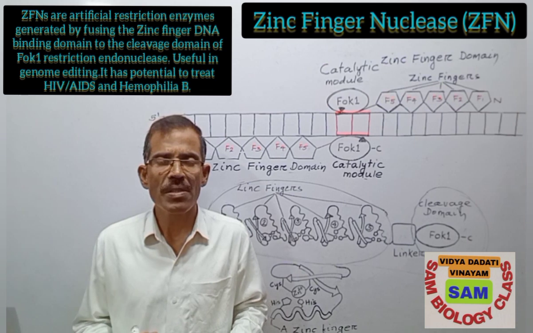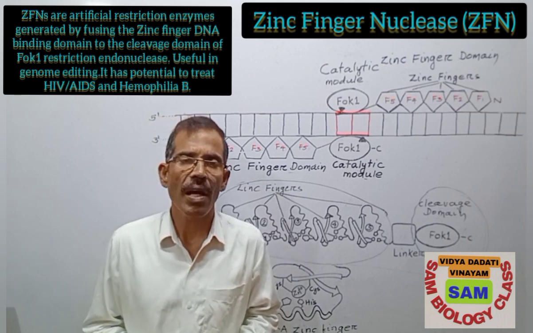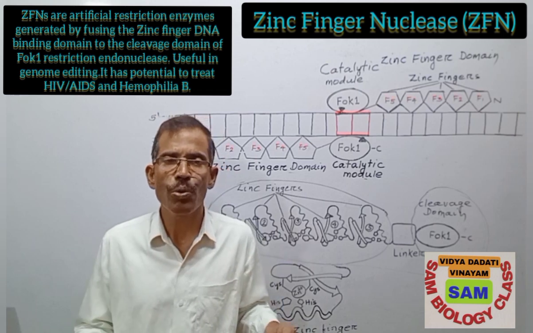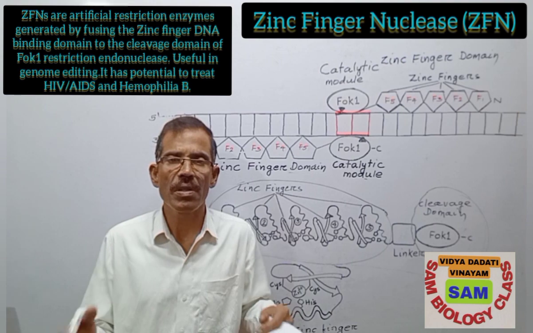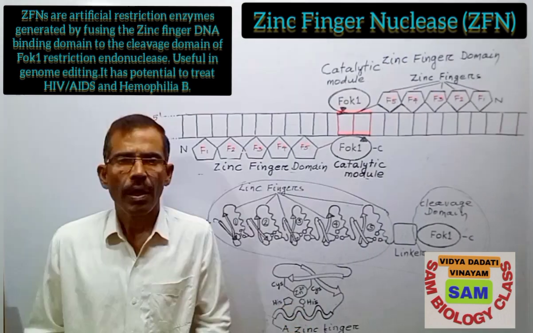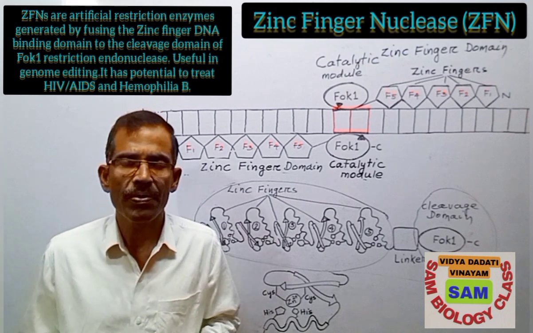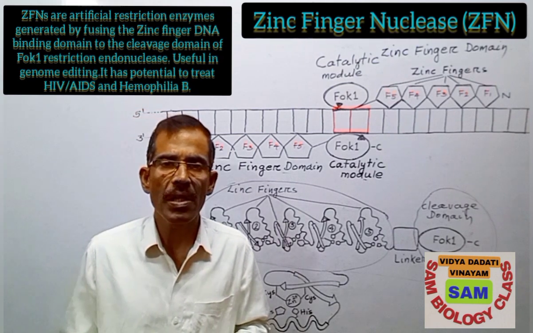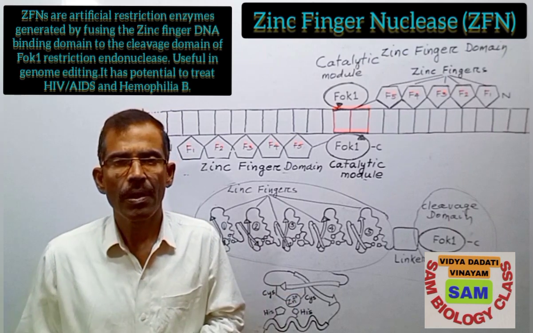All these domains can be fused together to generate polydactyl zinc finger proteins, which can target a wide range of possible DNA sequences. A major concern associated with the use of zinc finger nucleases in genome editing is off-target mutations.